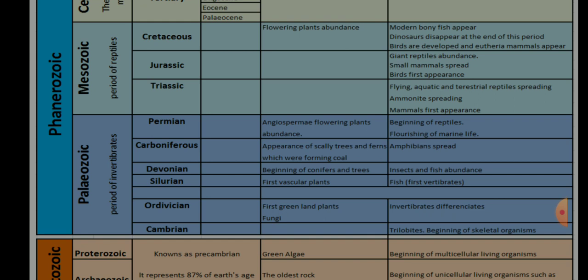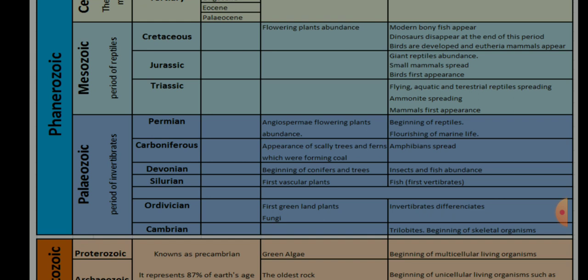Devonian: the beginning of conifers and trees, the beginning of insects and the abundance of fish. Carboniferous: appearance of scaly trees and ferns, which formed coal, and also the beginning of amphibians, or amphibian spread.